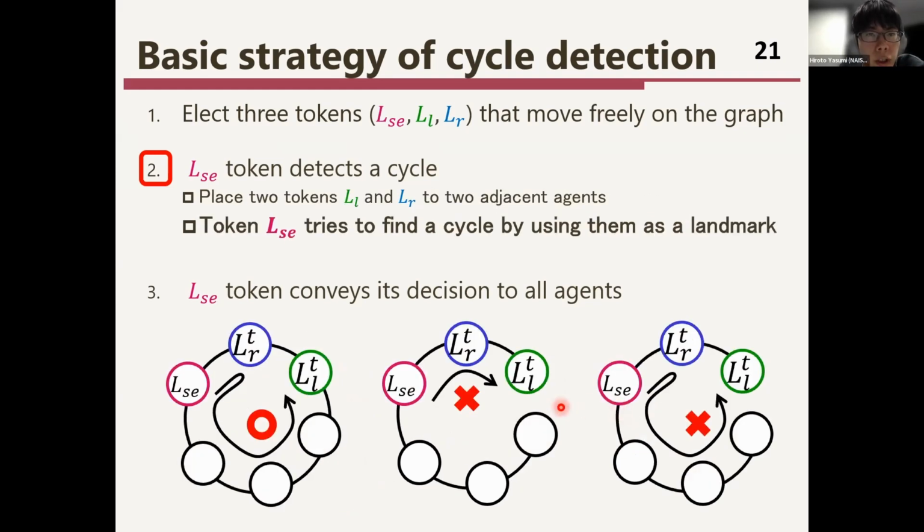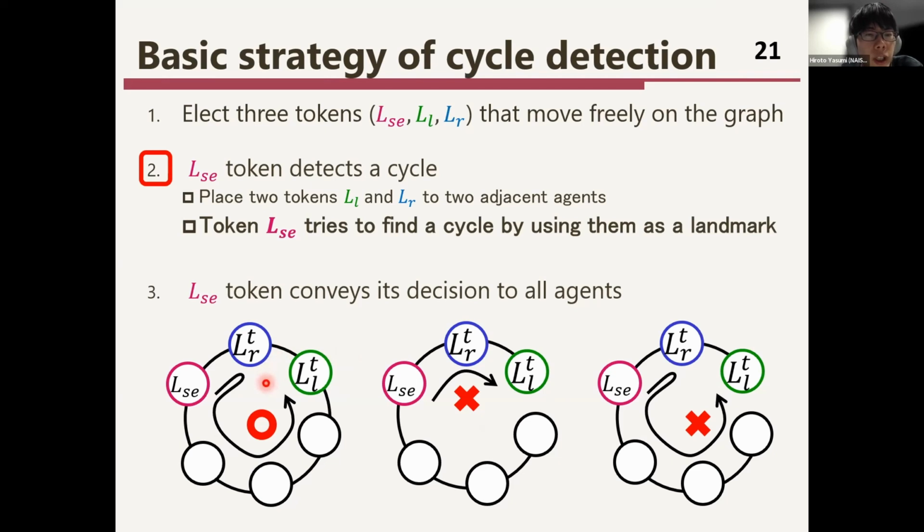Then LSE token tries to find a cycle by using these tokens as a single landmark. Agents can distinguish between left and right side of the landmark because the landmark consists of two tokens. By these properties, agents can detect a cycle.